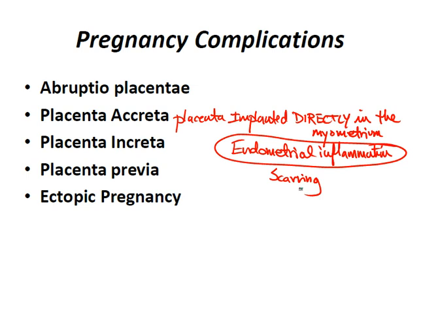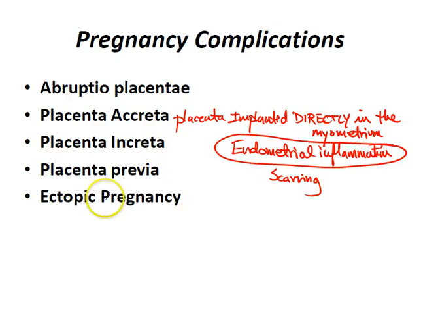So yeah, inflammation and scarring definitely cause a risk for placenta accreta. Now the risk for impaired placental separation after delivery leads to massive postpartum hemorrhage and usually requires a hysterectomy. Okay, so that is placenta accreta for you.